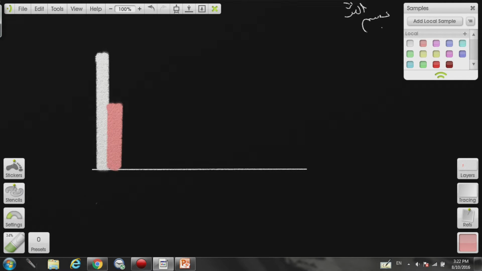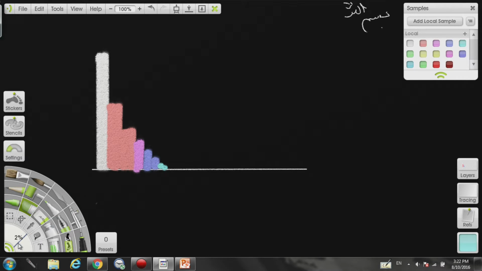In the second half-life, half of that would have disintegrated, and half will remain. And in the third half-life, half of that would have deteriorated, like this, and so on and so forth. So you can see how this is an exponential decay phenomenon.